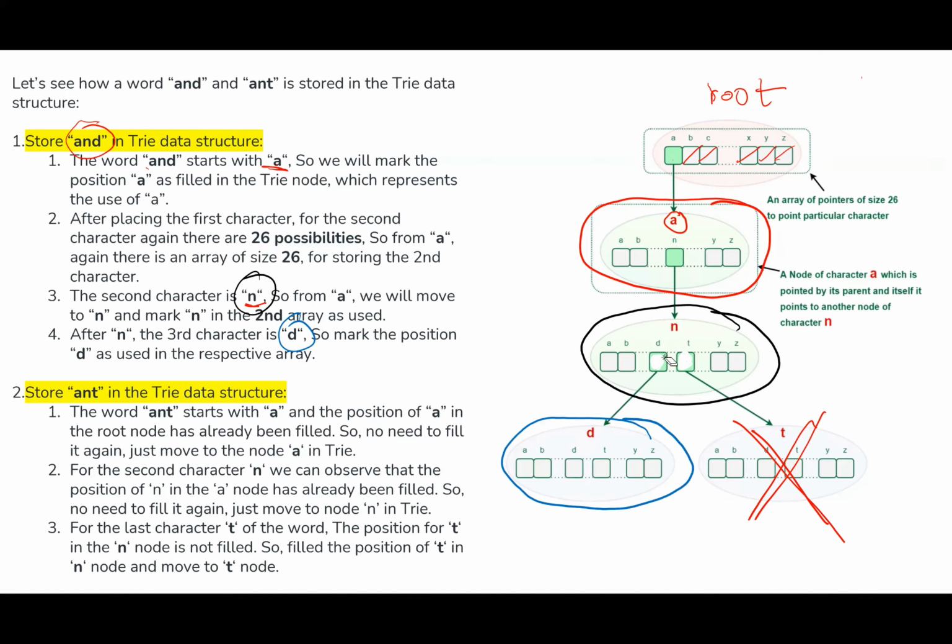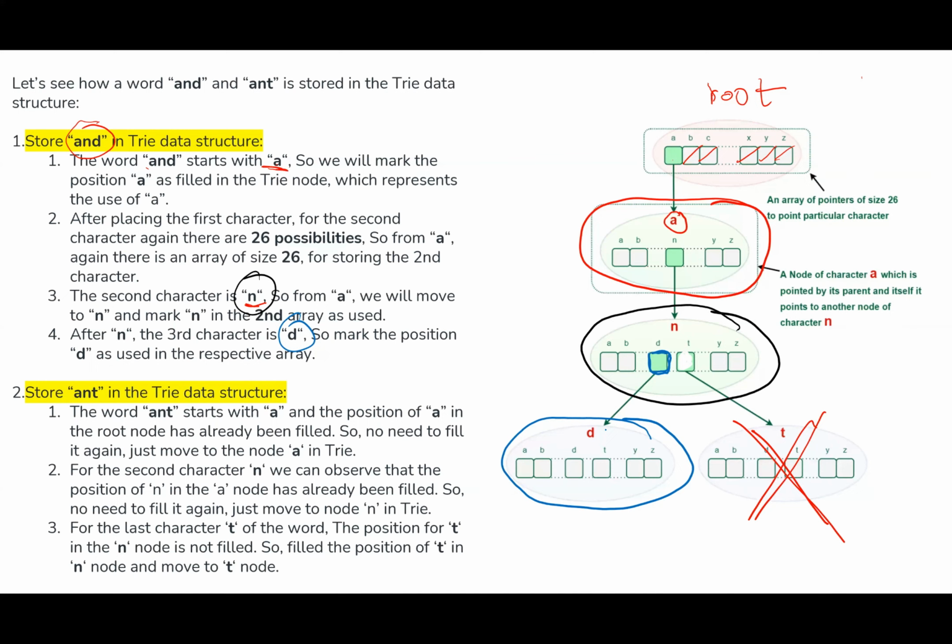As you see, it has the list of the children, but all of them are null yet, because we don't have any children for D yet. But D is the child of N, so we make this link alive.